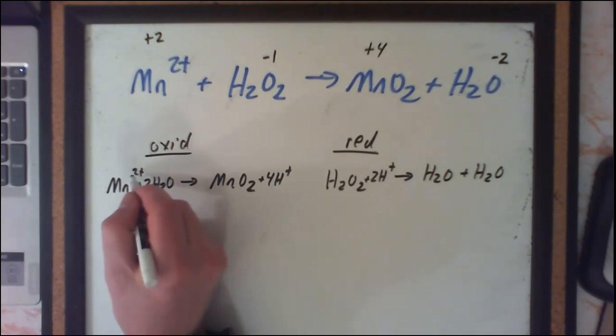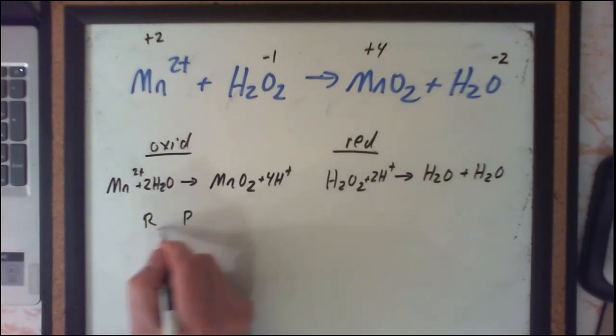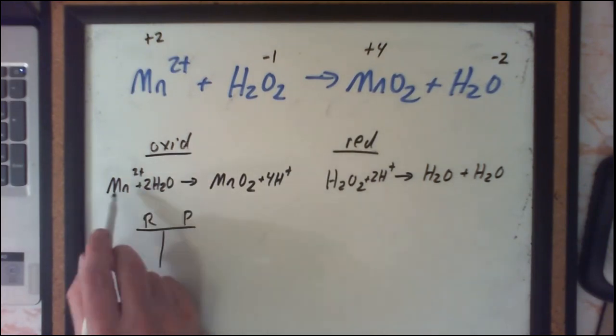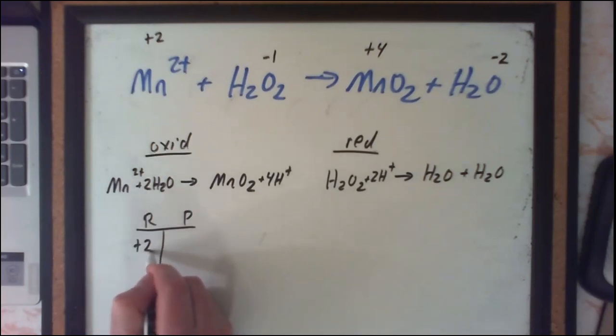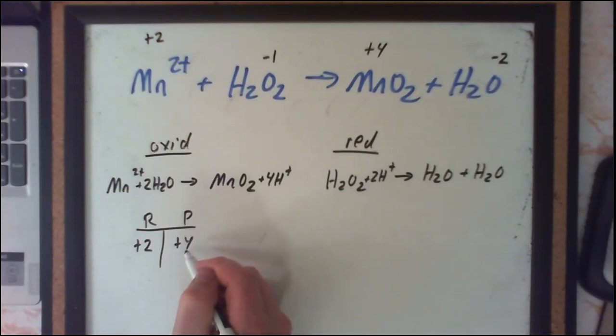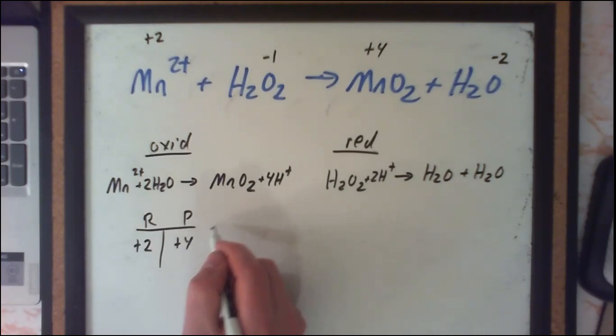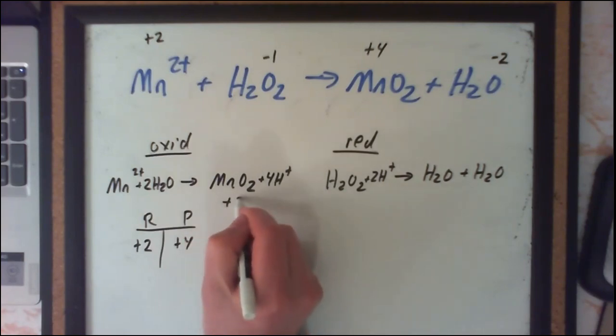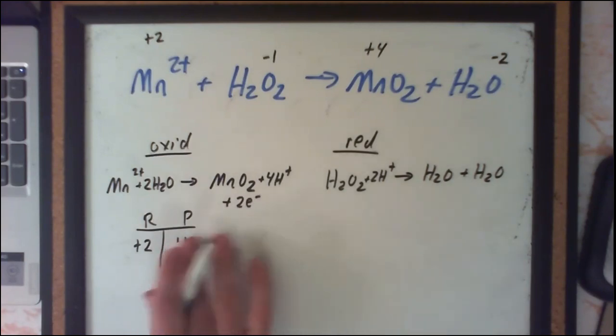Now we want to charge balance them. So we have our reactants and products. We have a total of +2 charge on the reactant side, a total of +4 charge on the product side. So I need to reduce the +4 to +2, and I can do so by adding electrons, specifically adding 2 electrons.